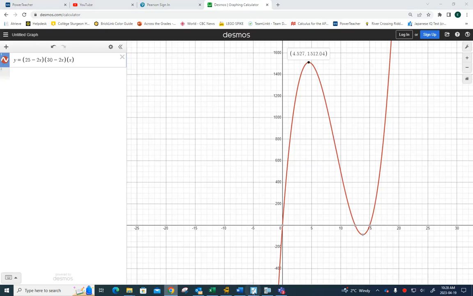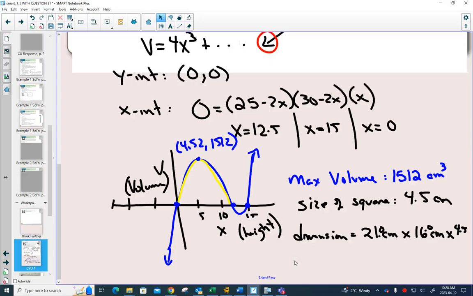I had a rounding error. When I used all the decimal places, it was 20.9 instead of 21. It was 15.9 instead of 16, and 4.5 was fine. So again, we try not to round until the very end.